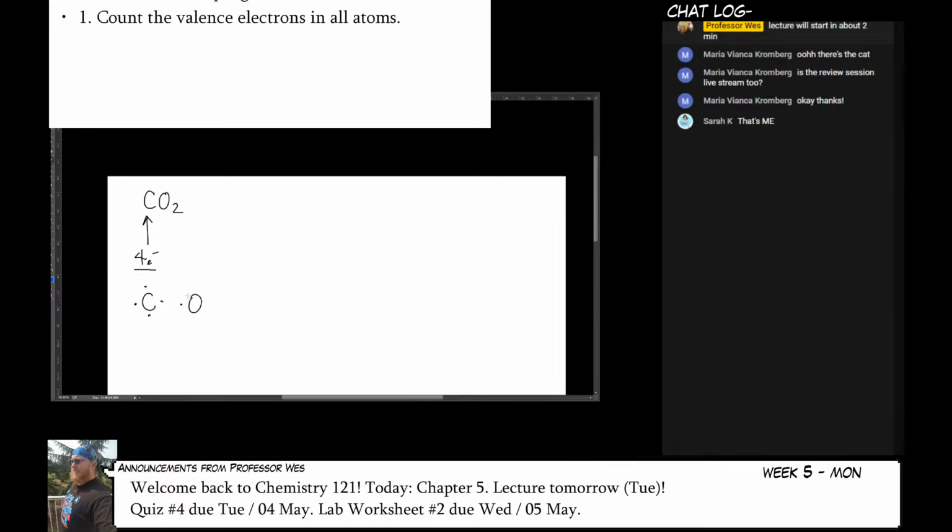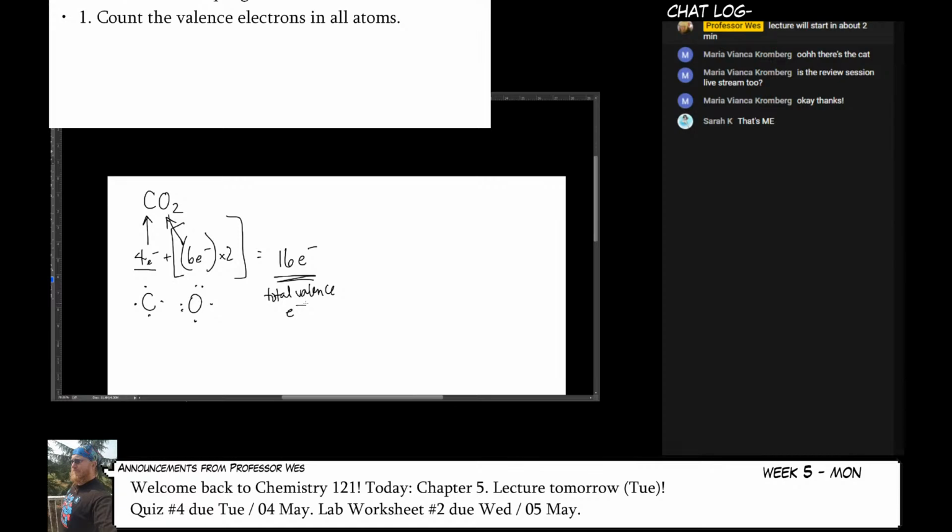If I was going to draw oxygen by itself, I would have 6 valence electrons. But I have 2 of them, because it's CO2. So what I'm going to do is total these together. So 6 times 2 is 12, plus 4 is 16.